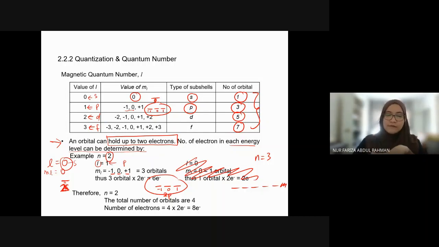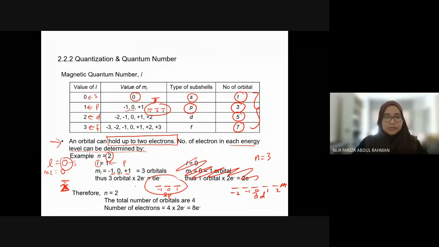Less than that we don't have L is equal to 2. That's why d orbital is present for n is equal to 3. So kita boleh tulis macam ini, 3d orbital. So this is -2, -1, 0, 1, 2.